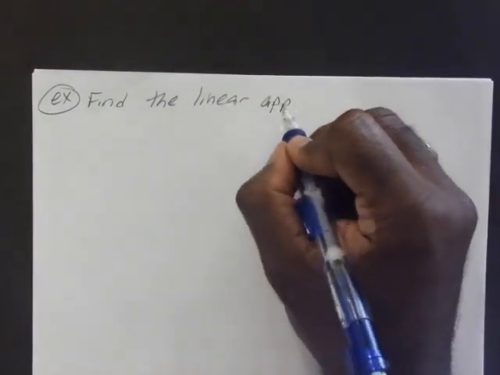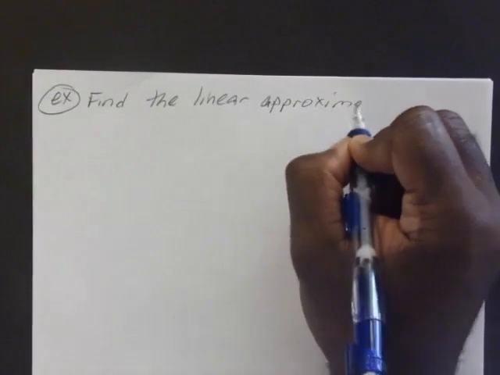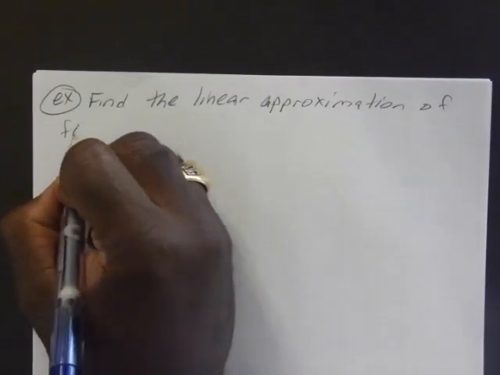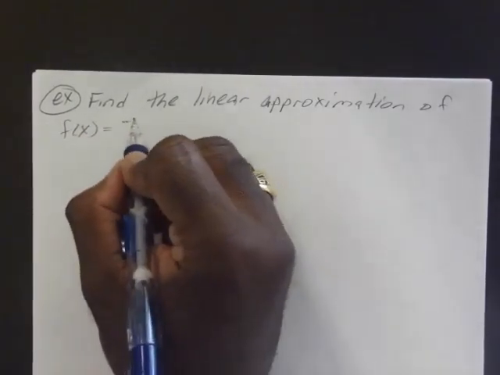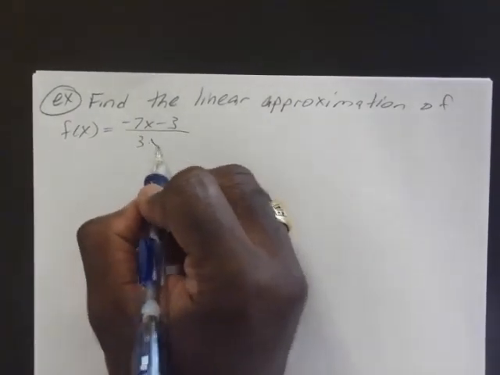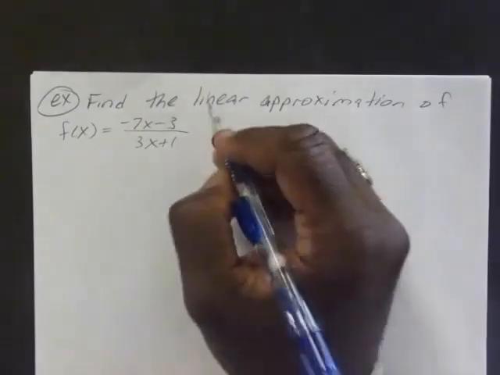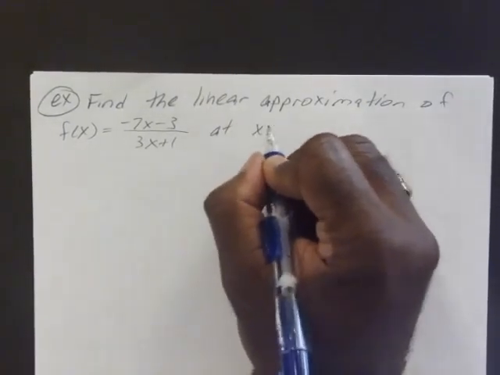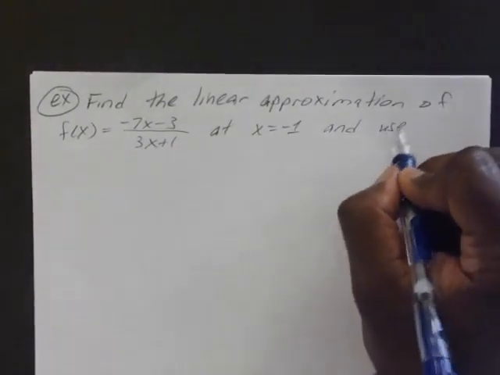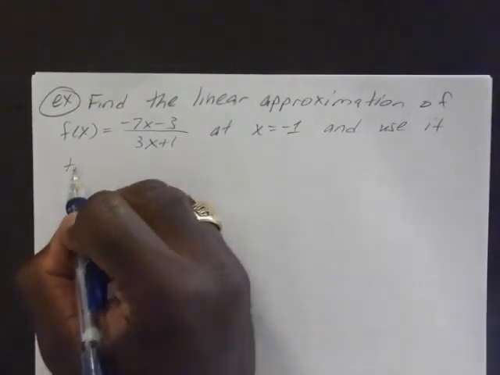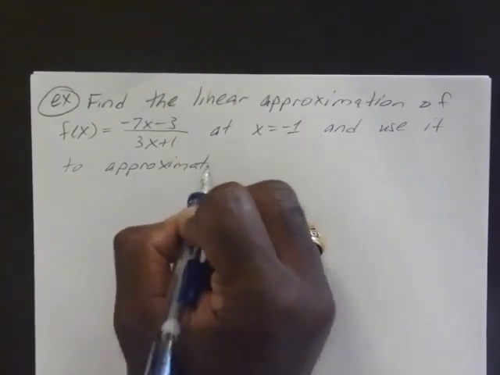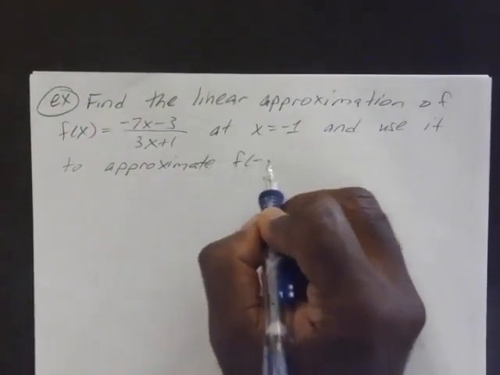Find the linear approximation of f of x is equal to negative 7x minus 3 divided by 3x plus 1 at x equals negative 1, and use it to approximate f of negative 0.8.